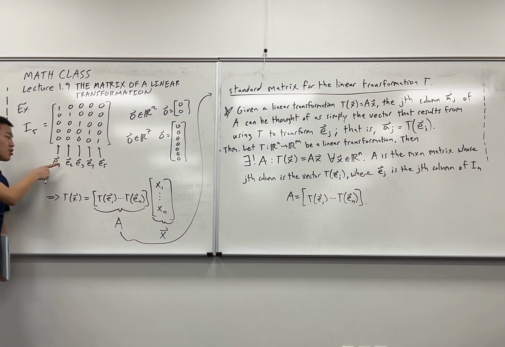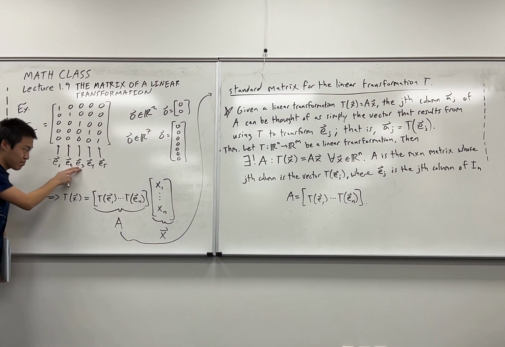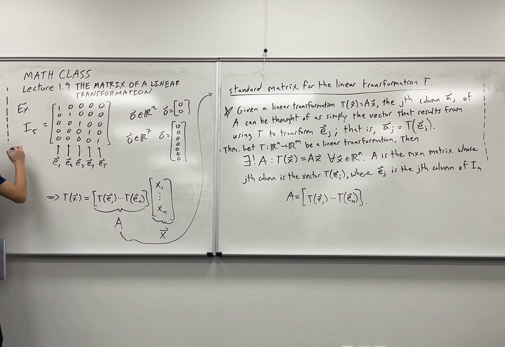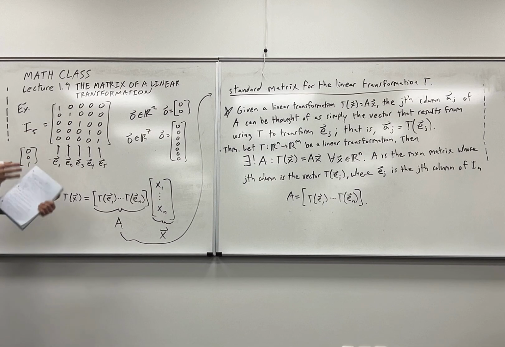So if you see, say, E3, that does not necessarily mean it has to be only 0, 0, 1. If I'm dealing with vectors that exist in R10, then yes, the 1 is still in the 3rd spot, but then there are going to be 7 more zeros underneath it, a completely different vector.